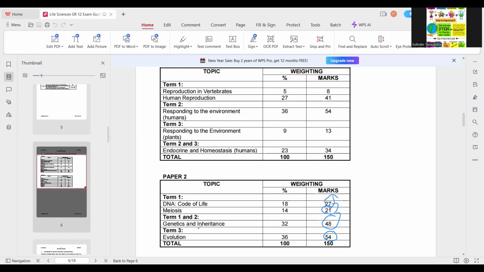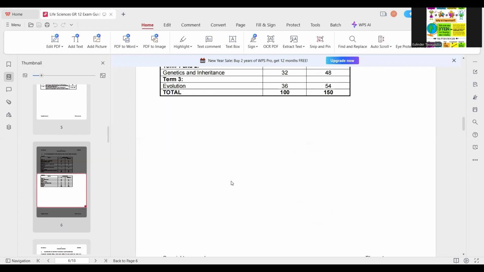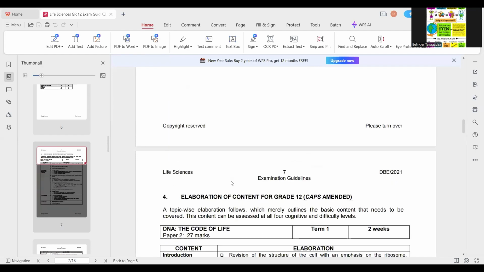So this is the setup of the topics that you're going to learn. This is the setup of your past exam paper, right? So we are going to go through the topic DNA to see what exactly we are going to learn on DNA, the code of life.